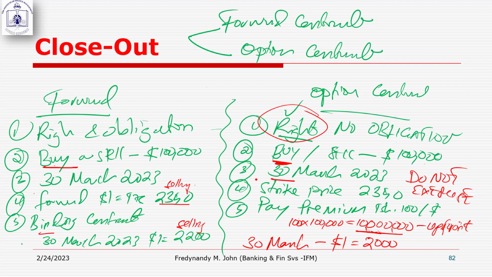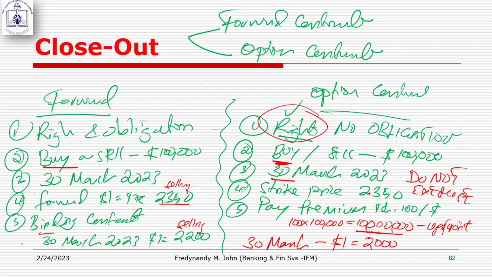Therefore, before the customer decides on whether they should let the contract expire, the customer is supposed first to be sure if it is profitable to buy at the market. Now, remember the customer has paid 100 for every single dollar.